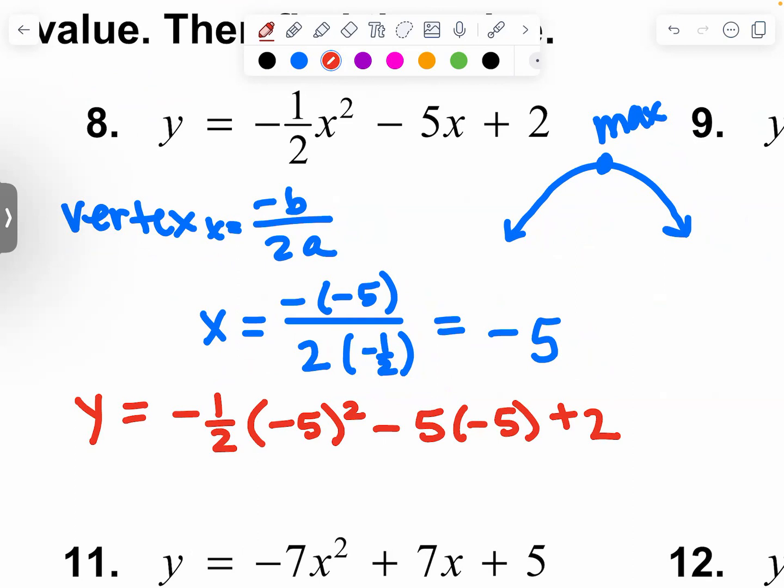All right, so let's work together on this. This is negative half times 25, right? Plus 25 plus 2. Improper fraction. So it's negative 25 halves plus 27.